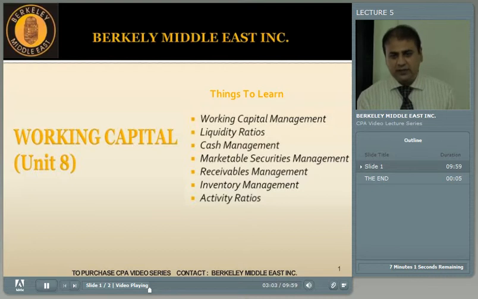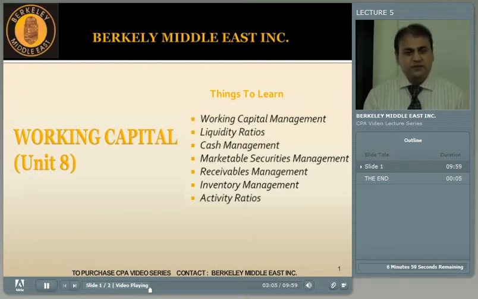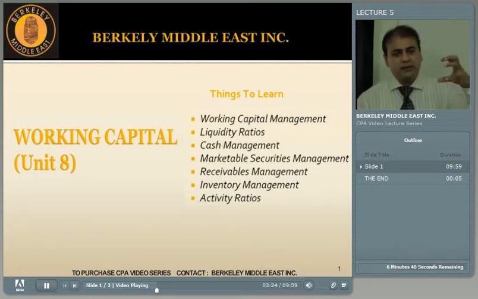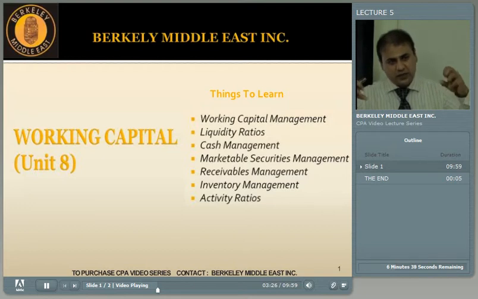What is working capital management? It is to keep sufficient cash with you for short-term, day-to-day operational activities. This is the working capital management concept, that we have to plan how much cash we should have, and how it will be settled. It depends upon your AP and AR functions, accounts payable and accounts receivable.